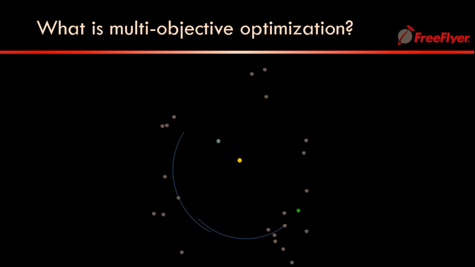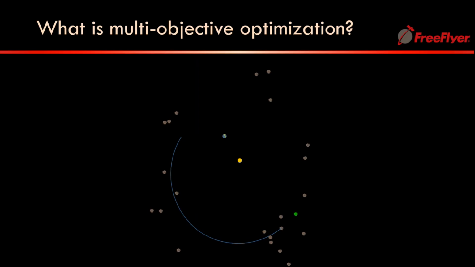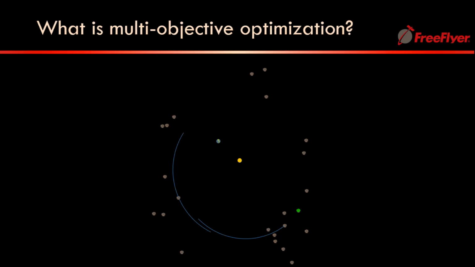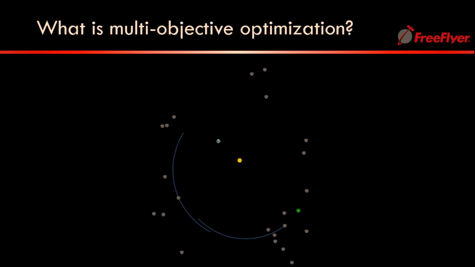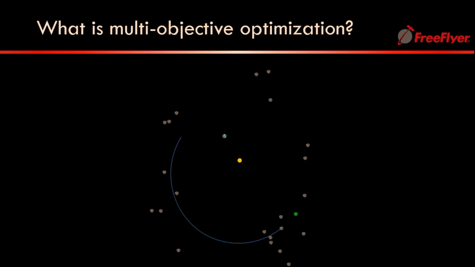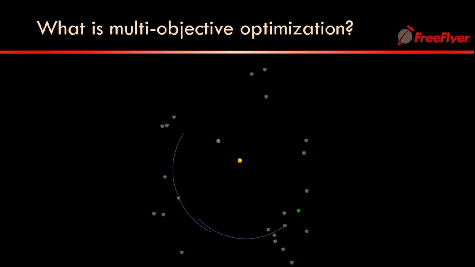And that's going to look something like this animation that we have on screen right here, where we have a start point and we have an end point, and those are either Earth or an asteroid, and another asteroid is the end point. And so we will solve the transfer leg between those 2 points for minimum delta V, and then we will solve the next transfer leg and the next transfer leg. And at the end of that sequence, we'll have our 2 objectives that we can then feed to the multi-objective optimizer.